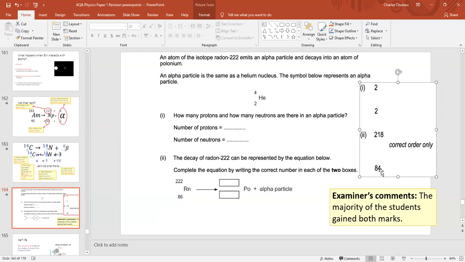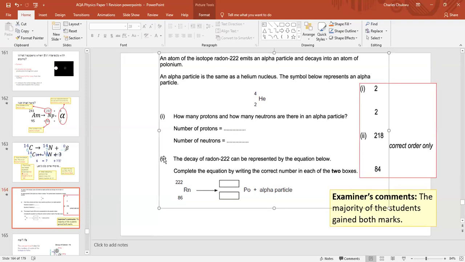No, can you say again, please? All right, let me say it again. Can you see the mass number for radon on the left-hand side? This is the one I'm talking about. Yes, second question. Okay. So the mass number is 222, while the atomic number is 86. Because you know this is an emission, something is going out.